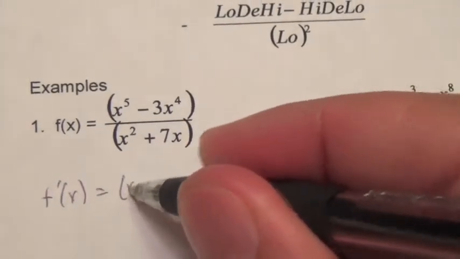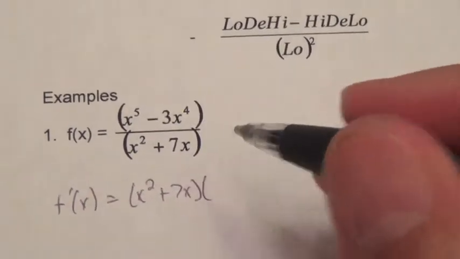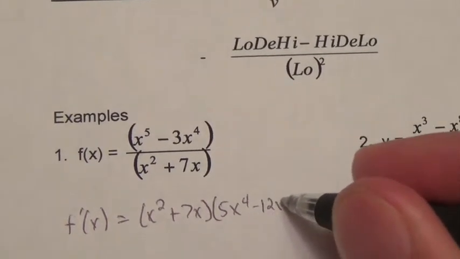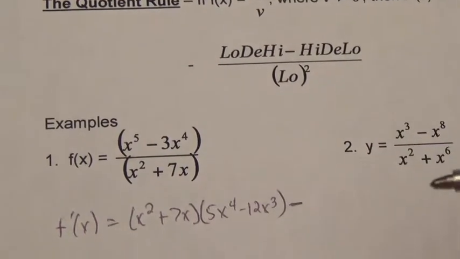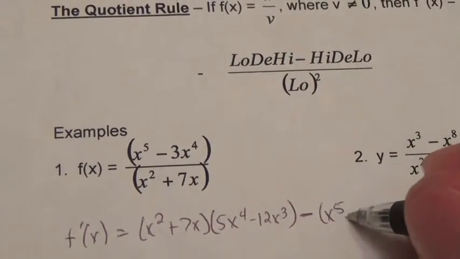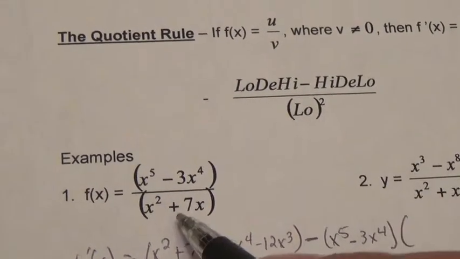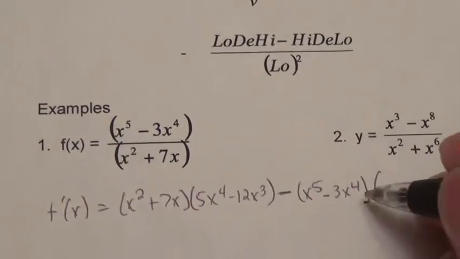We first leave our denominator alone, so you're going to rewrite it. Multiply it by the derivative of the numerator, which is 5x to the 4th minus 12x cubed. We would then subtract, and we flip that order around, so now we're going to leave our numerator alone, x to the 5th minus 3x to the 4th, multiplied by our denominator's derivative, which is 2x plus 7.